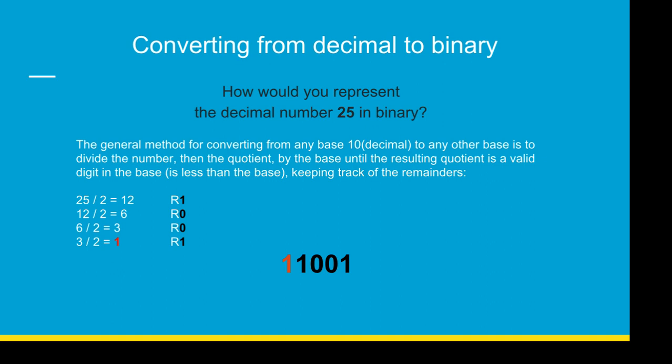We keep track of that, and then we write the number starting from the last quotient and adding on the remainders. So the number in binary is 11001. You just write it backwards. And that's how we convert any decimal number to any other base.